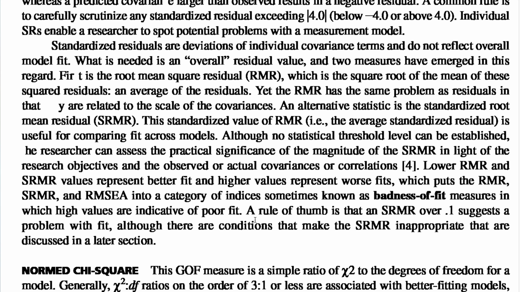Yet the RMR has the same problem as residuals, in that it is related to the scale of the covariances. An alternative statistic is the standardized root mean residual, SRMR. This standardized value of RMR, that is the average standardized residual, is used for comparing fit across models.